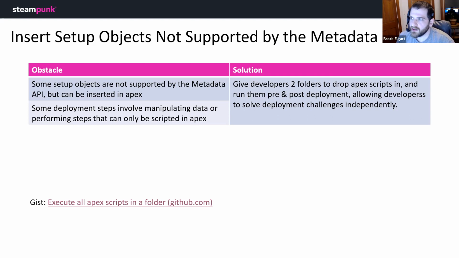So we actually created a pre-deployment Apex script that creates a user and assigns them a permission set so that they can run the registration handler. So we've totally automated the process of creating that user that runs the registration handler. That makes sense.